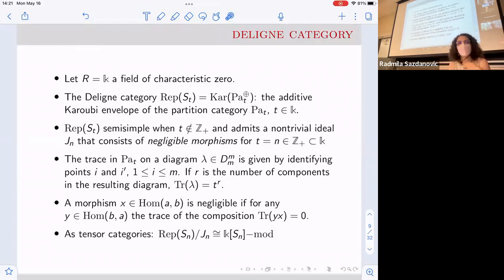You sort of get rid of those ones. So this is important because we want to get a bilinear form that's non-degenerate. We don't want the pairings to be trivial. And then, of course, what's really important is that the quotient of the Deligne category by this ideal is actually the same as the category of modules of Sn.